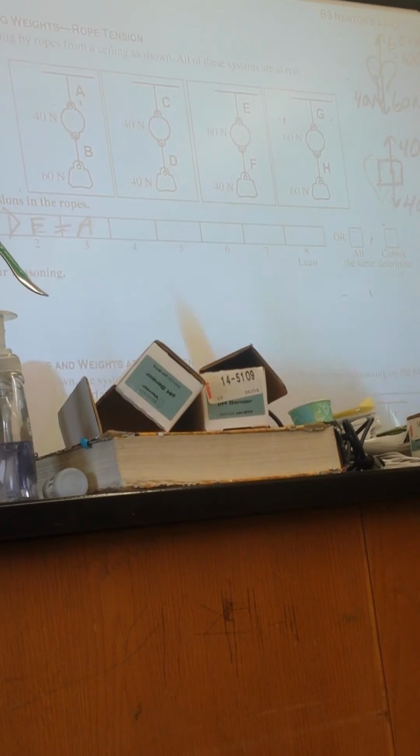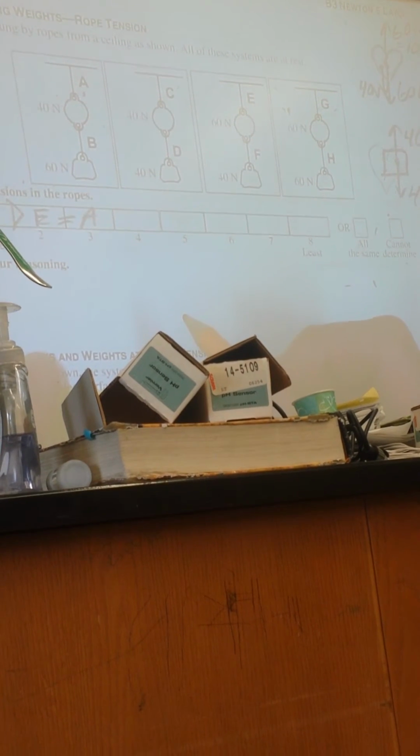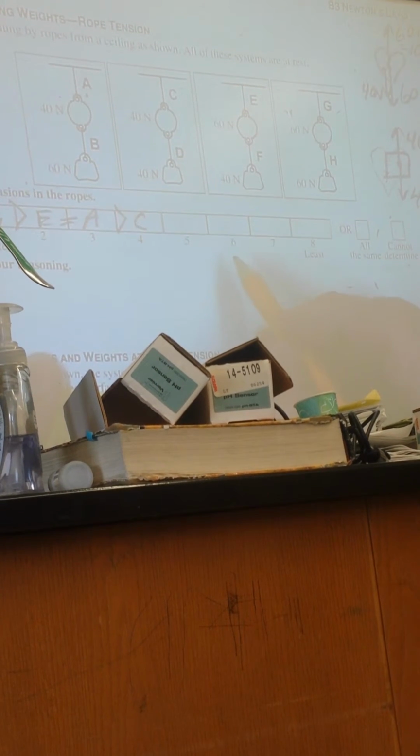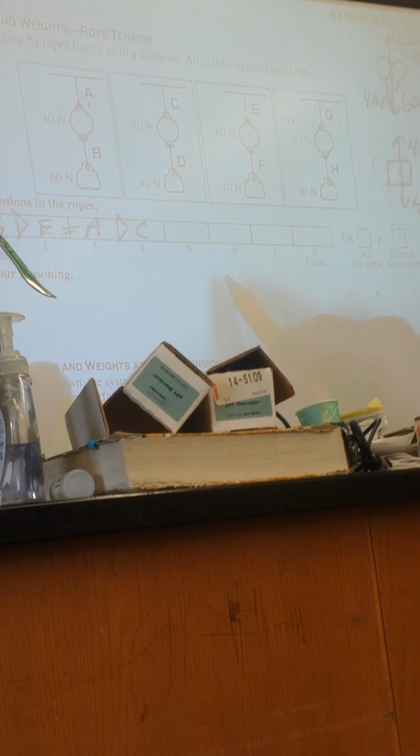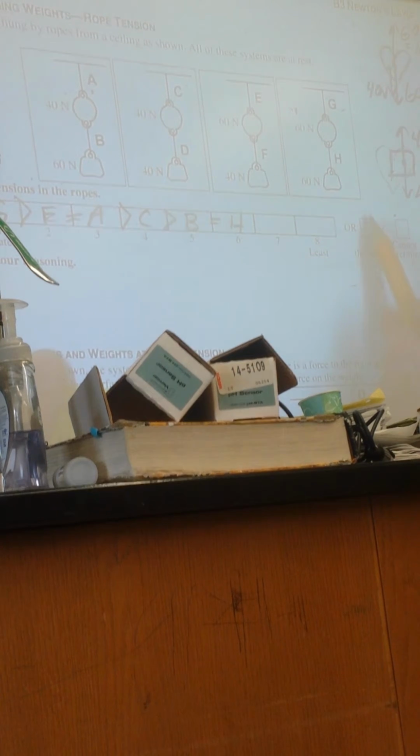Good. Do you always write the equal part? I do when they're the same. Yeah. What comes next? C, right? Okay. Good. And then H. B and H, they're equal to each other, right? Are they equal to each other? Uh-huh.